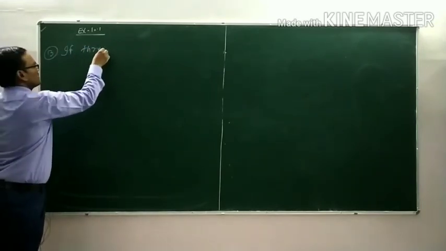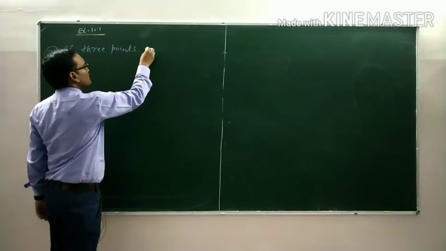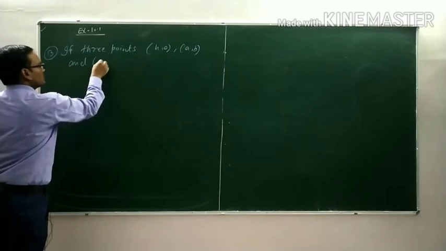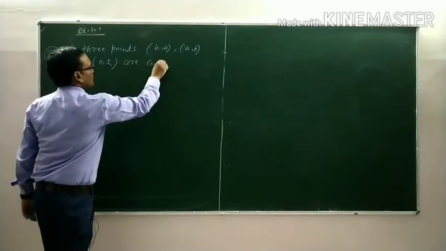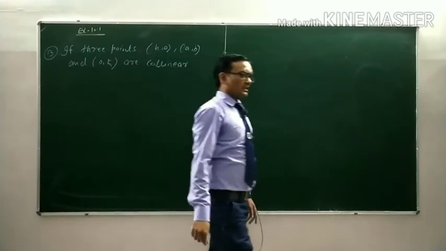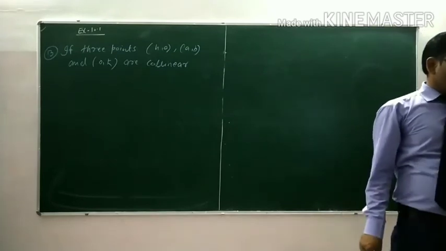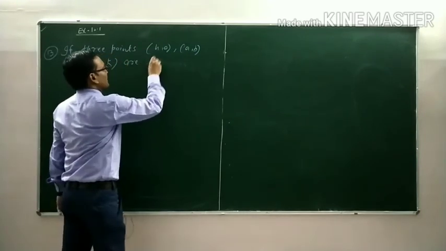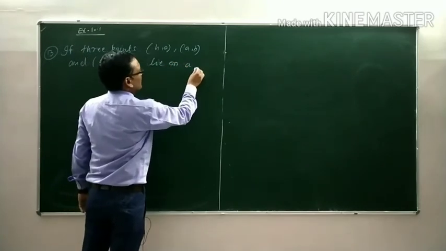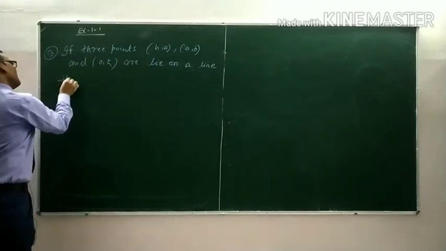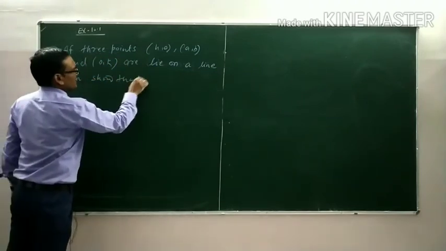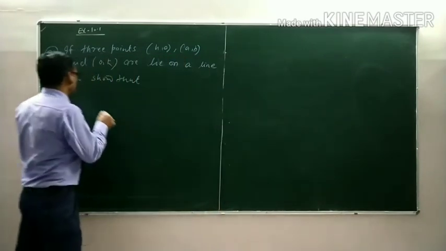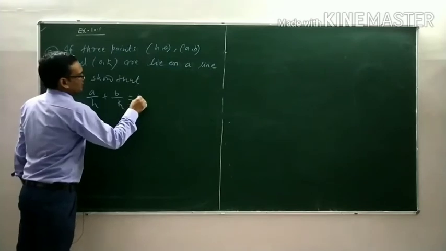If 3 points h comma 0, a comma b and 0 comma k are collinear, that is, if the 3 points lie on a line, then show that a upon h plus b upon k equals 1.